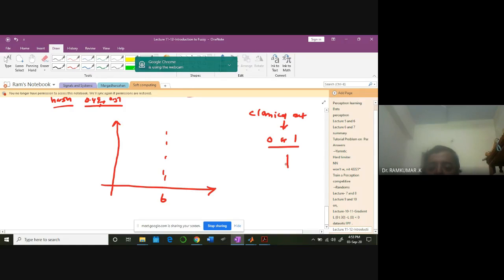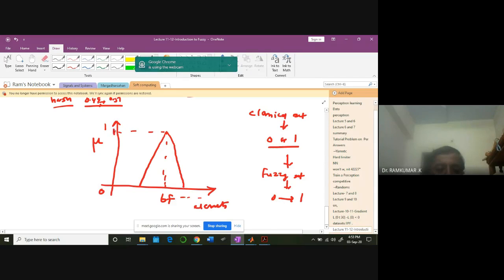That's classical set theory. In fuzzy set theory, as somebody said, it's going to be between 0 to 1. So in that case, 6 feet is here. I'm going to choose an area, something like this. A membership, something like this. This membership is called 0 to 1 membership. Normally, you represent membership like this, and these are all the elements in the fuzzy set. So a person with 6 feet will have a full membership of 1.